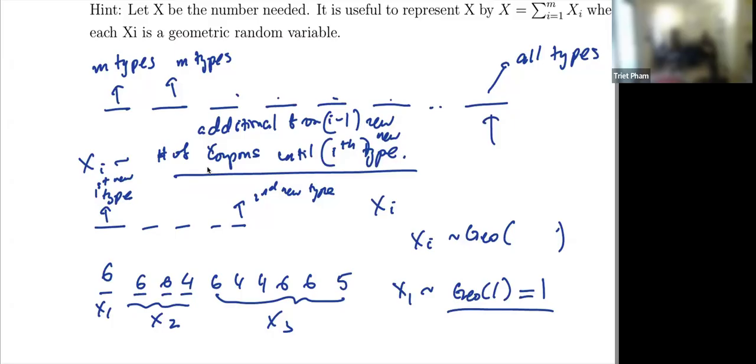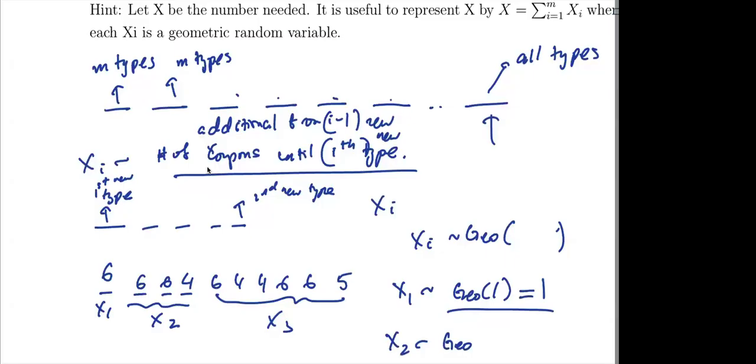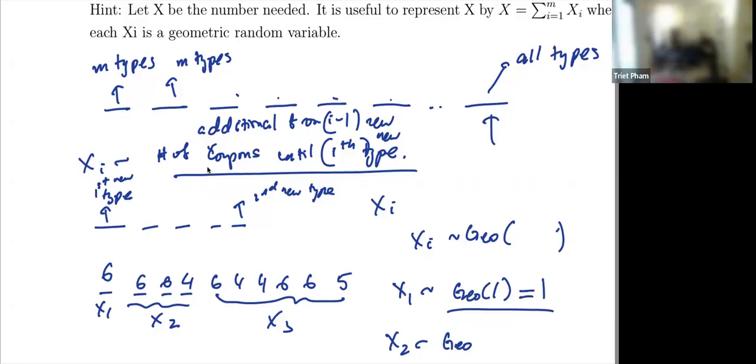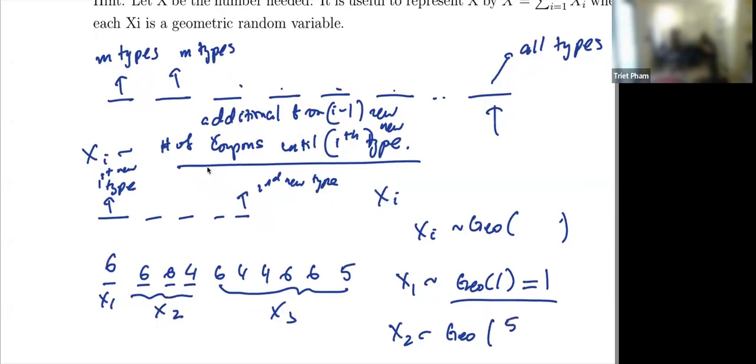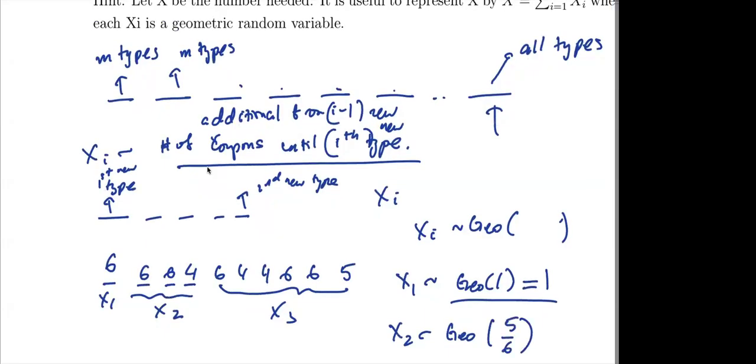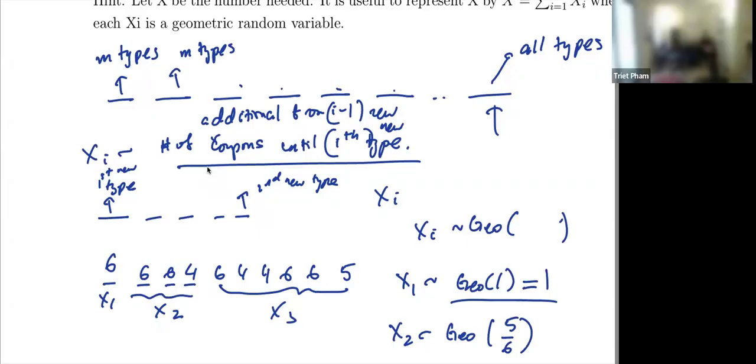Now let's start with X2. X2 is what? 5/6. Yeah, X2 is 5/6, right? So it's not 1 over the remaining. Do you see why X2 is 5/6? Could you explain? Sure.